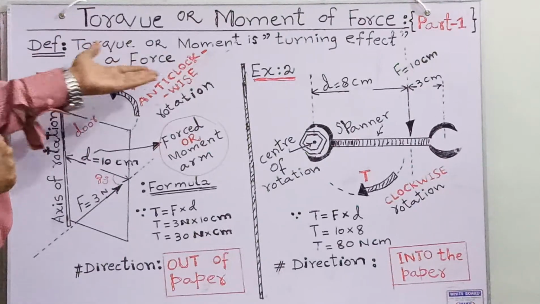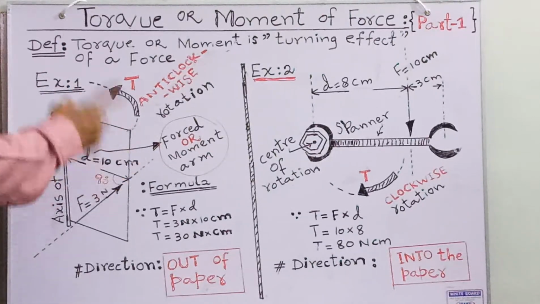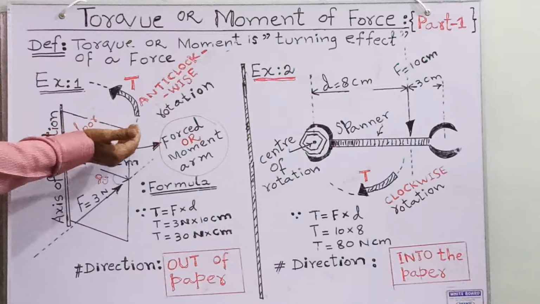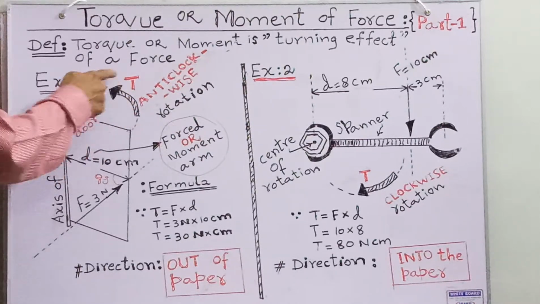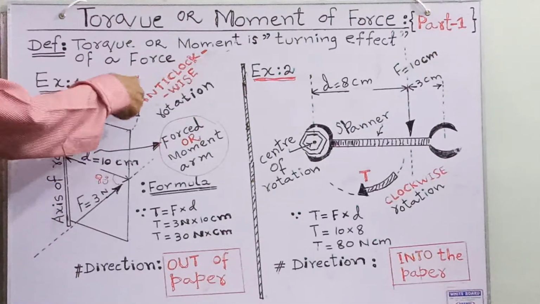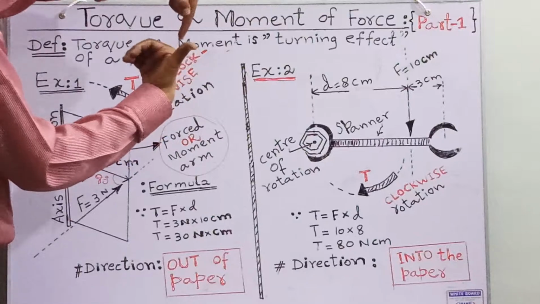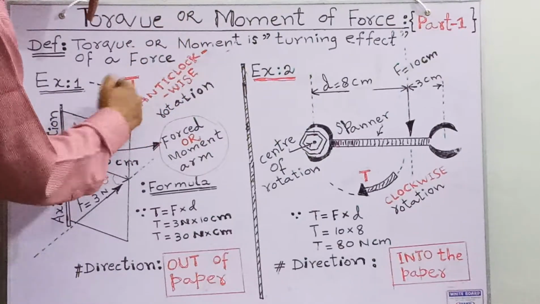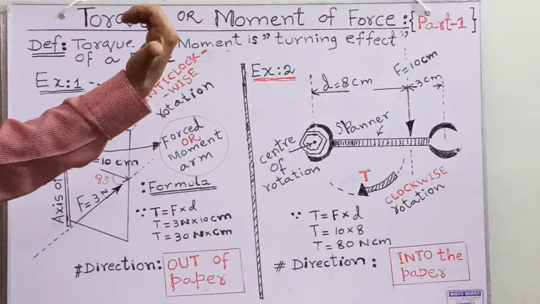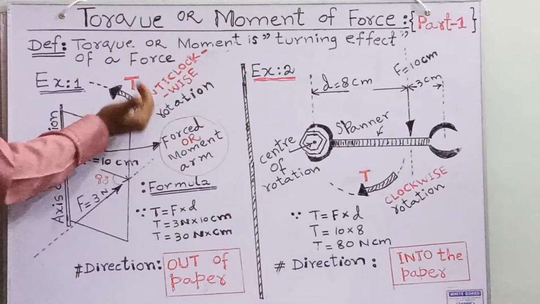According to the general rule, the direction of torque is found using Fleming's right hand rule, which states that when the rotation of the body is anti-clockwise, where T stands for torque or moment, and in this case the rotation of the door is anti-clockwise, hold the right hand in this way, and then you can change it into this position.